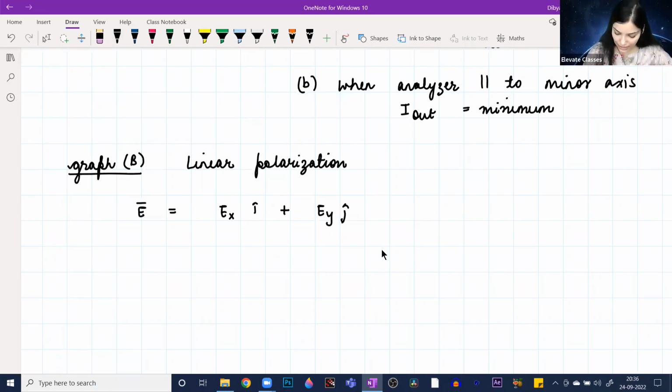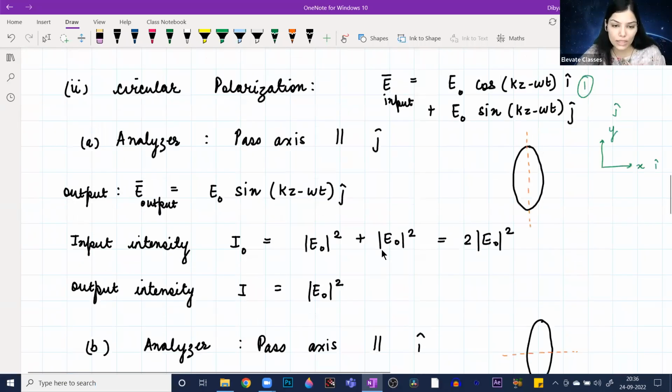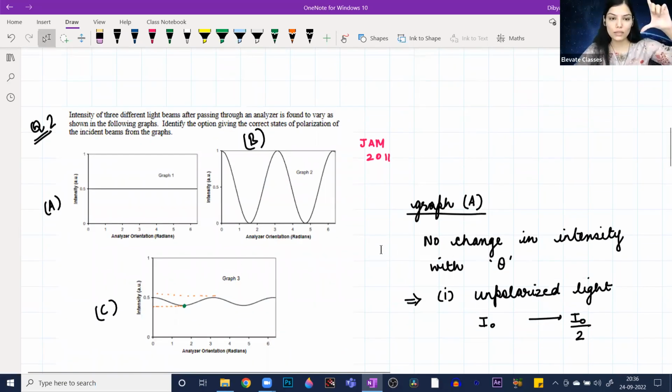But now if my linear polarization has only one component which is EXI, अब क्या होगा? अगर मेरा एनालाइजर आई के पैरेलल है तो कुछ पास हो रहा है, बट अगर मेरा एनालाइजर आई के पैरेलल नहीं है बल्कि जे के पैरेलल है तो कंप्लीटली आई एब्जॉर्ब हो जाएगा और मुझे इंटेंसिटी 0 मिल जाएगा. आर यू अंडरस्टैंडिंग? सो दिस कर्व, if I look at graph number B and I look at the magnitude of intensity, that how it is changing.